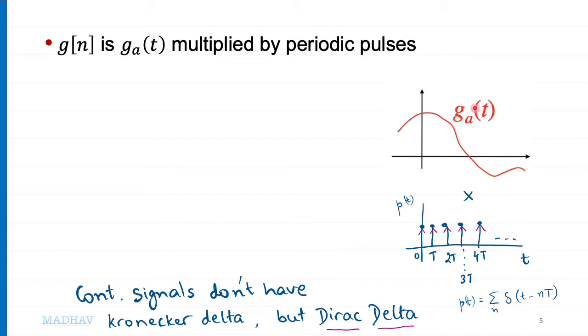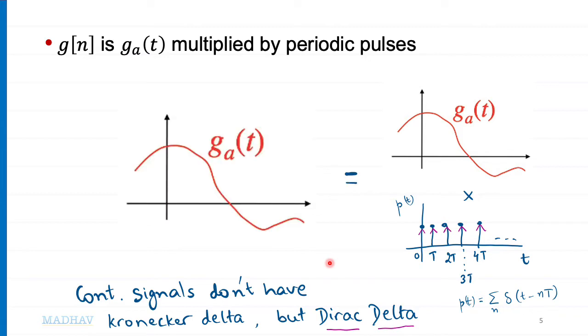So basically, what is the meaning of sampling? I have my continuous time signal and I multiply it with the pulse train. And what does this lead to? This leads to a discretized version of my continuous time signal. Let us call it g_p(t). So what is g_p(t)? Basically g_a(t) multiplied by this pulse train. So let us write the expression for g_p(t). My g_p(t) is equal to g_a(t) multiplied by the pulse train.